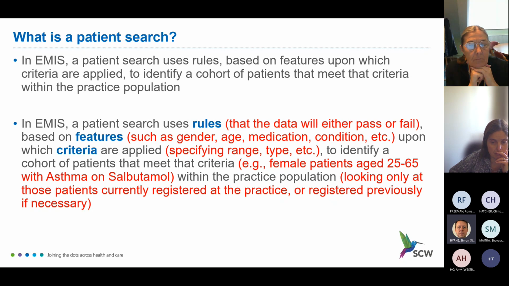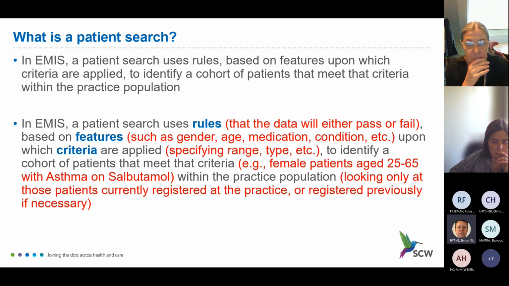And I've given an example there: female patients aged between 25 and 65 with asthma who take salbutamol. And that's within your practice population. So it's important to remember that you're only looking within the practice that you have access to using EMIS. Okay. And usually it's the currently registered patients at the practice.